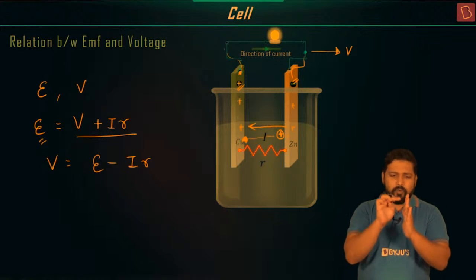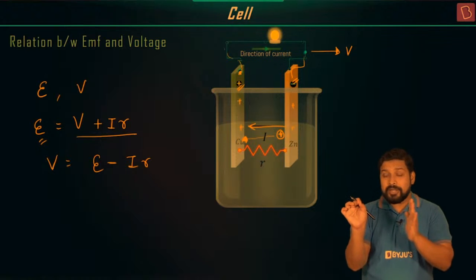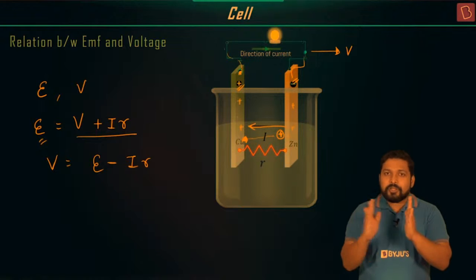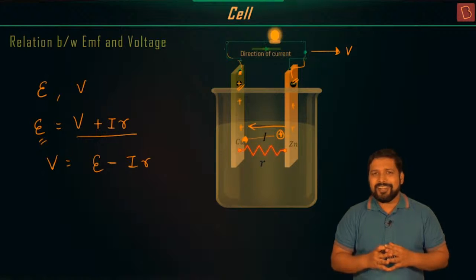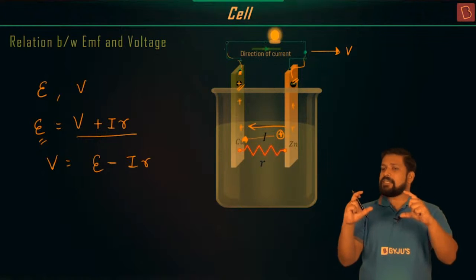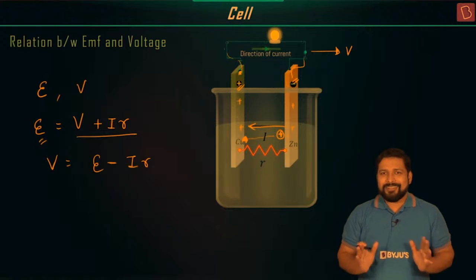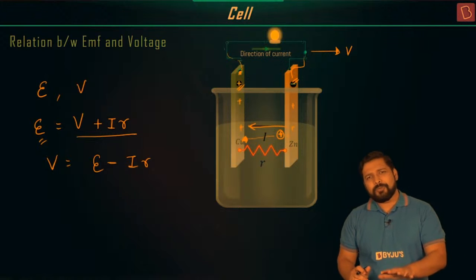Moving between the terminals externally is equal to the terminal potential. And as you move between the two electrodes, that is equal to I into small r, because small r is the internal resistance. So the total work will be E is equal to V plus I into small r. As simple as it can be. Did you get a whole feel of this EMF? I'll also prove it by using Kirchhoff's rule, don't worry.